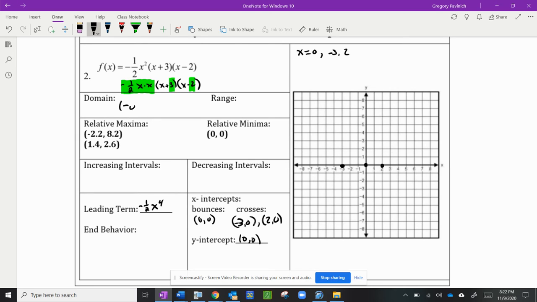My domain is going to be negative infinity to infinity. Now I'm ready to put my graph together. My end behavior, I forgot: since it's even and negative again, going down and down.